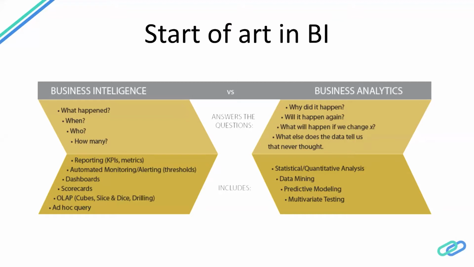For example, what happened in the previous quarter's results, how many transactions happened, what is the profit for the last quarter, how many products have been sold, and which product has sold more. That kind of information comes under what happened. That kind of analysis you can do with the help of a business intelligence tool.